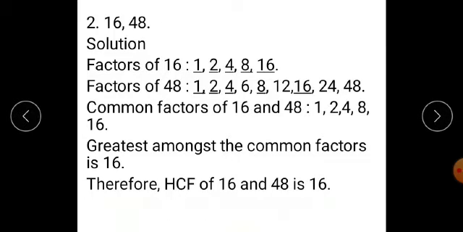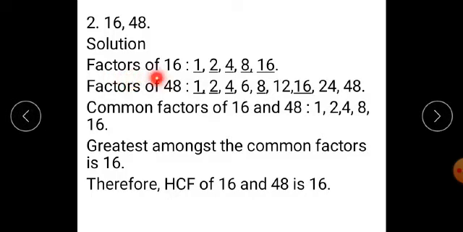Next one, second sum, 16 and 48. Solution. Factors of 16: 1, 2, 4, 8 and 16. Now students, up to this sum, I hope that all of you have understood the meaning of the word factor. Factor is that number which divides the given number completely.